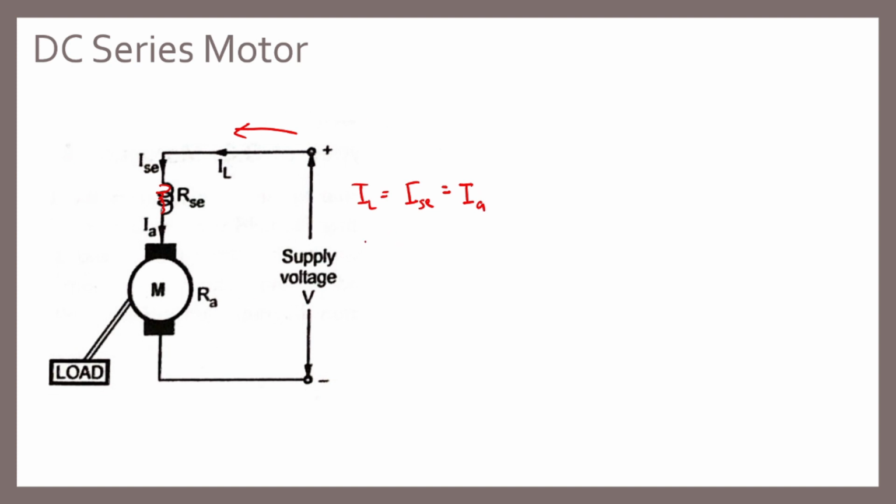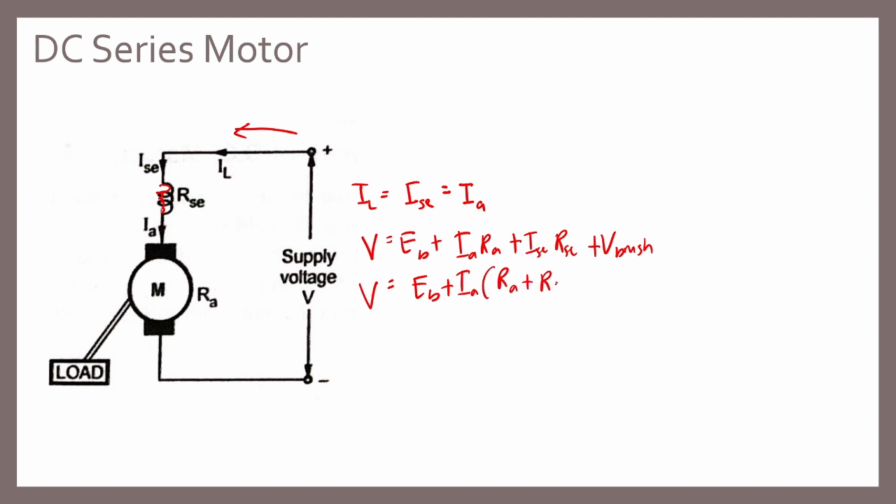So for the supply voltage, V is equal to EB plus IA RA plus ISE RSE plus V brush. Or we can combine, since IA and ISE are the same, we can factor out: EB plus IA times RA plus RSE, plus the voltage drop across the brush. So this is the equation of the DC series motor.